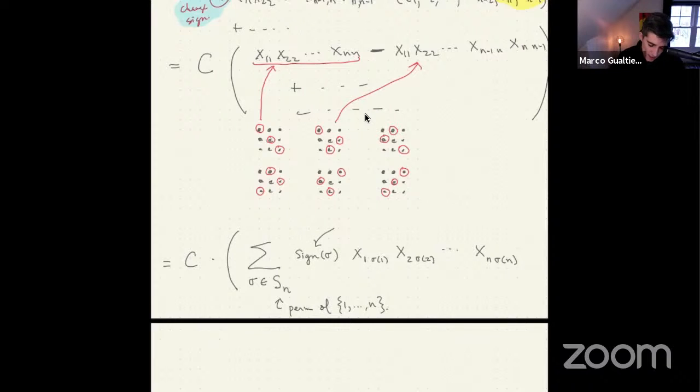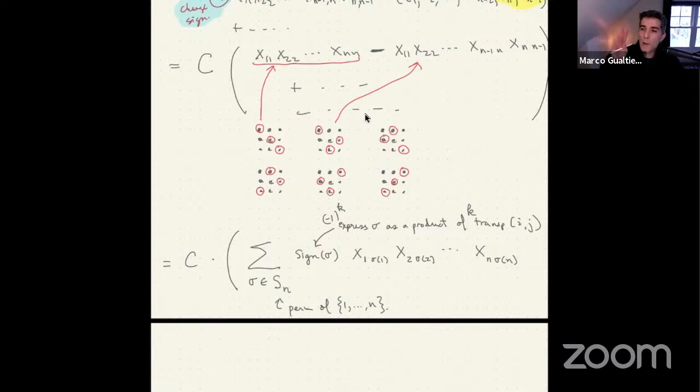And this sign is computed by expressing sigma as a product of transpositions, ij, and it's minus 1 to the k.